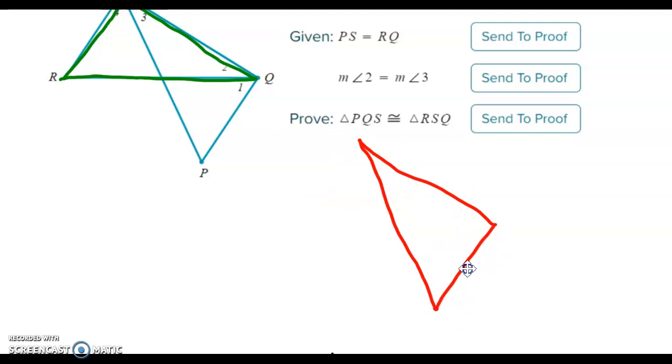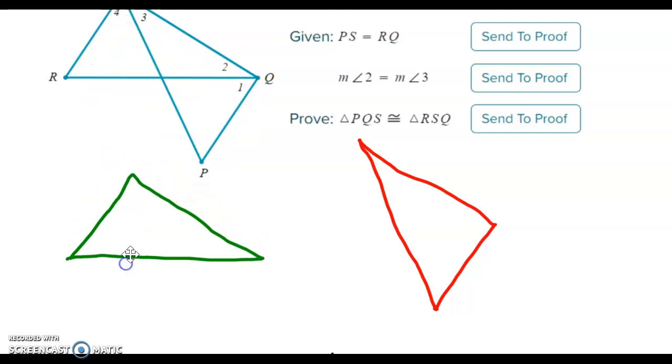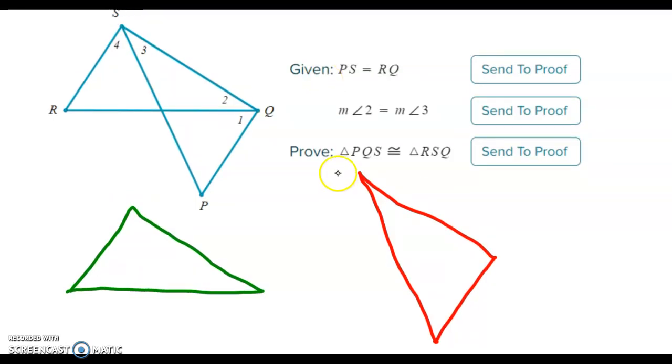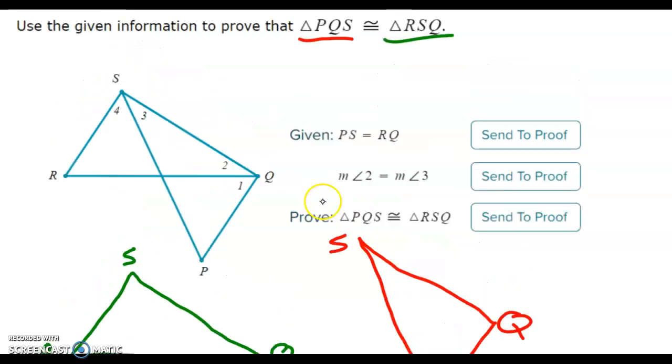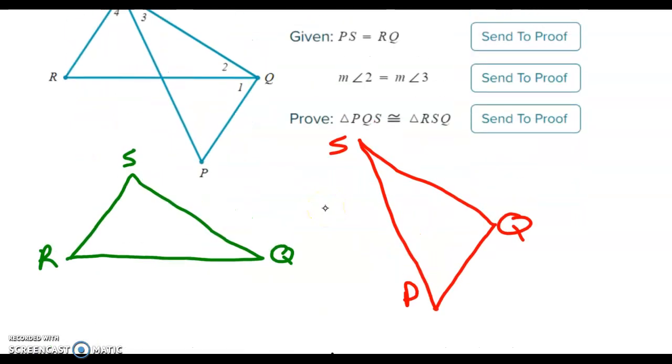So these are the triangles that we are going to take away from that overlap diagram so we can see them a little bit better. Okay, so that one in red is the S up here, Q over to the right, and then P, then that triangle in green with the R, the Q, and the S. So this is going to allow you to see these things a lot more easily.